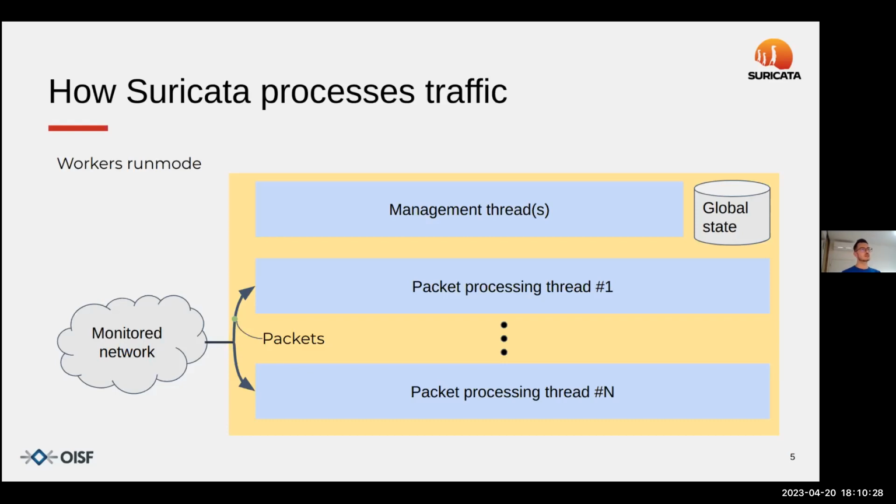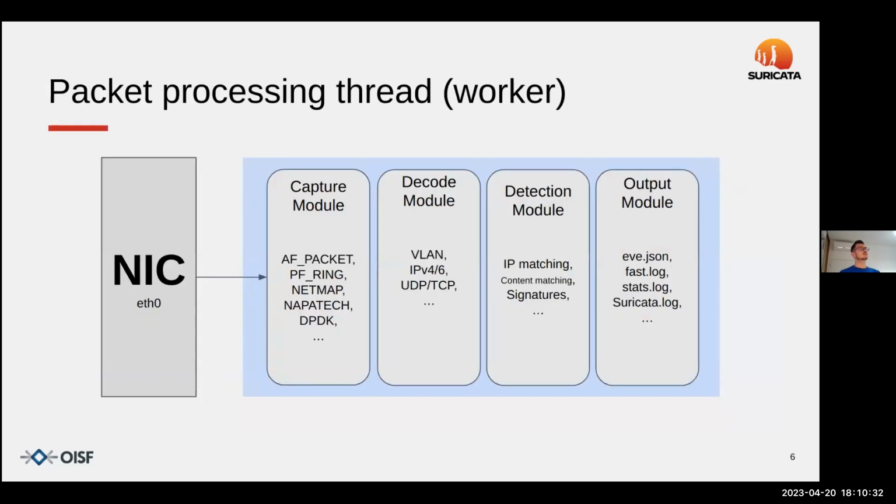Now, what is happening within those packet processing threads? Basically, everything that Suricata does. So when you have one packet processing thread, it contains multiple modules, and within those modules, different things are done.